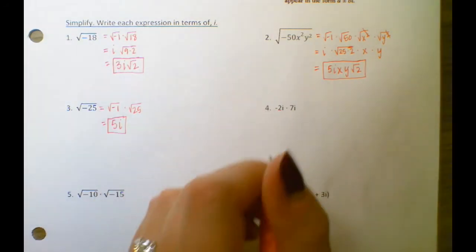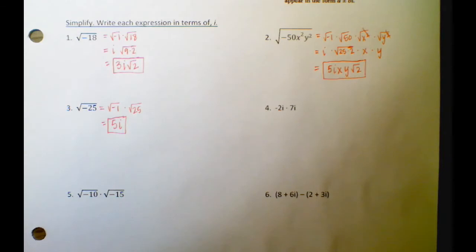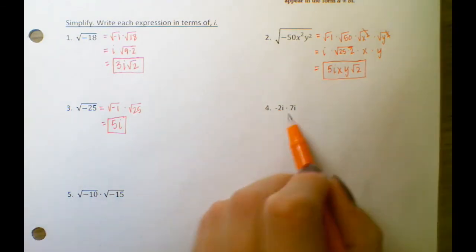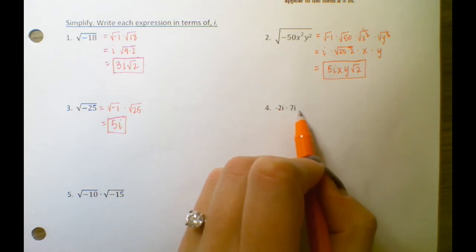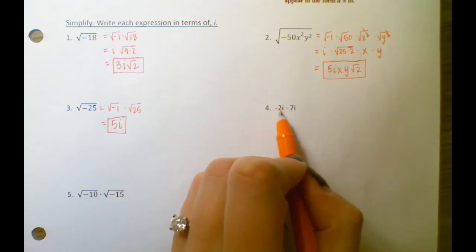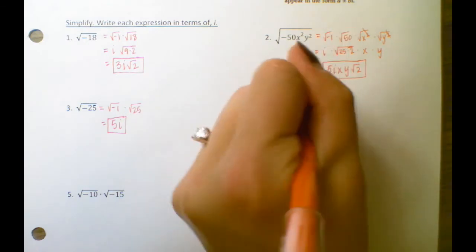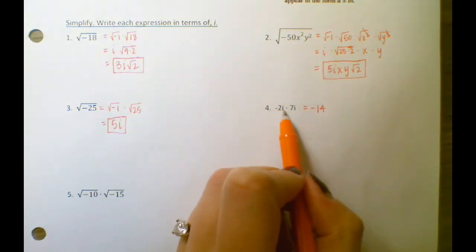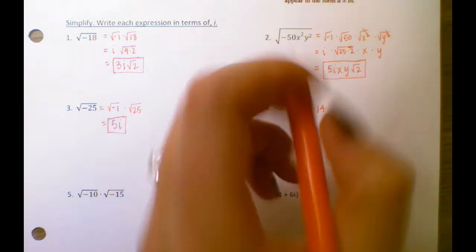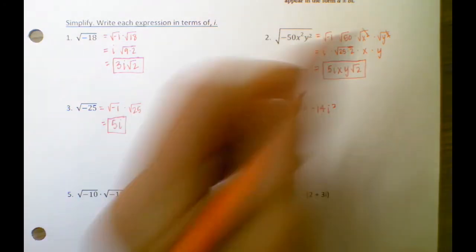Number 4. All right, now we don't have a radical, but notice I can think of this as like negative 2x times 7x, okay? You would multiply the negative 2 and the 7 and get negative 14. Negative times positive is negative. And like if these were x's, you would say x times x is x squared. Well, same idea, except these are i's. i times i is i squared.